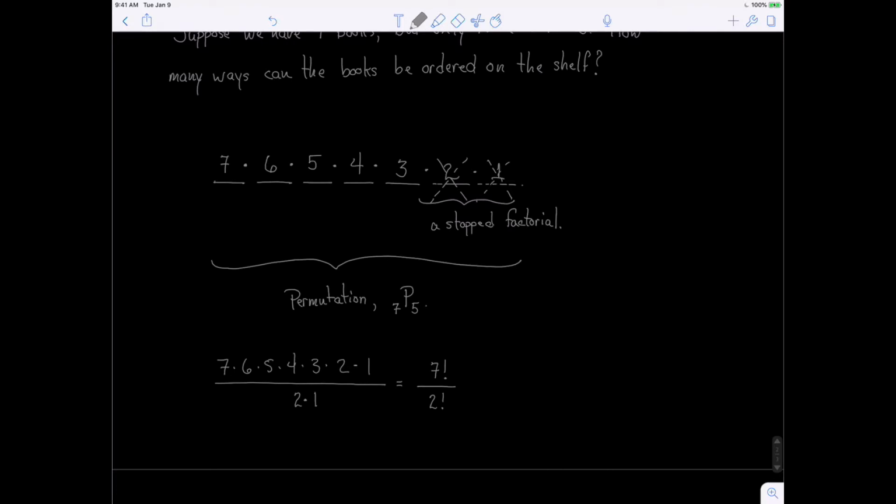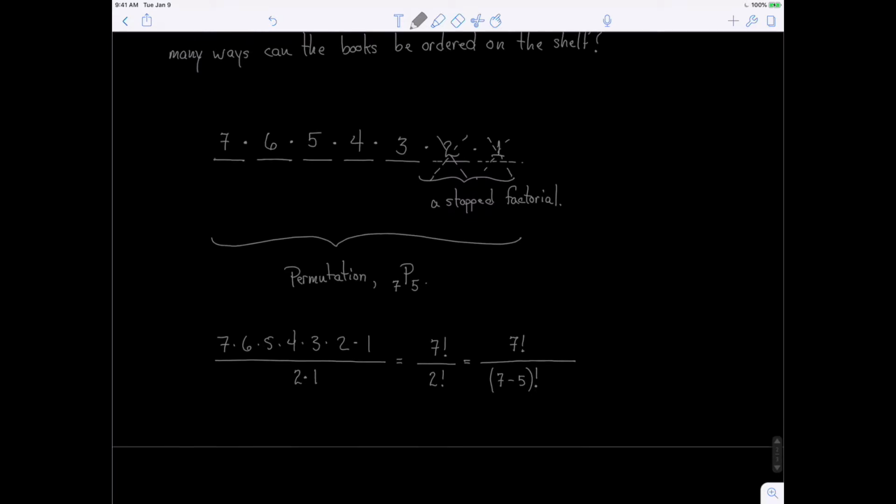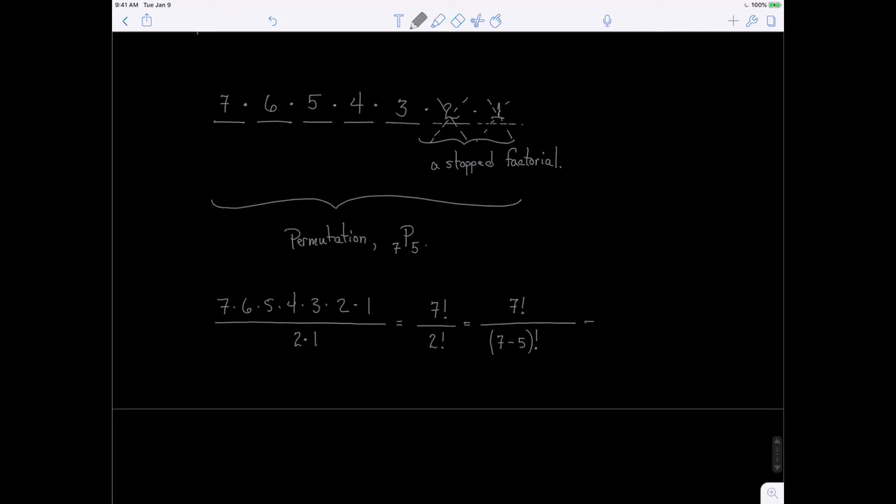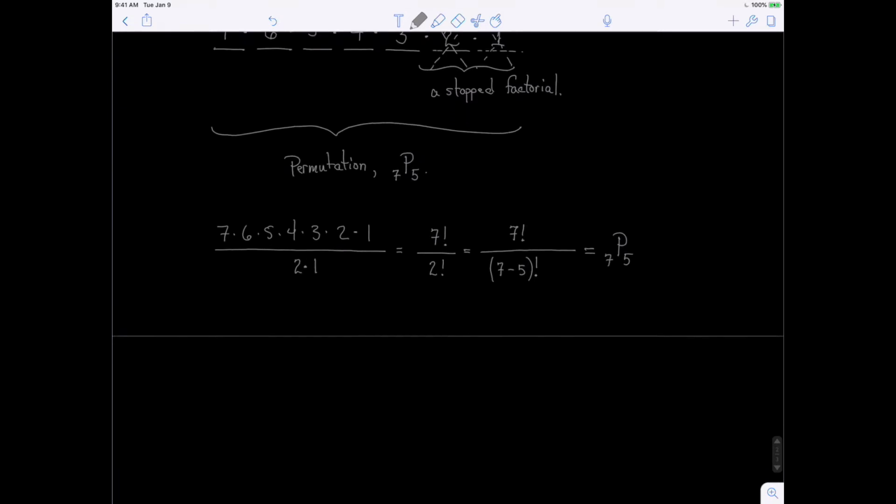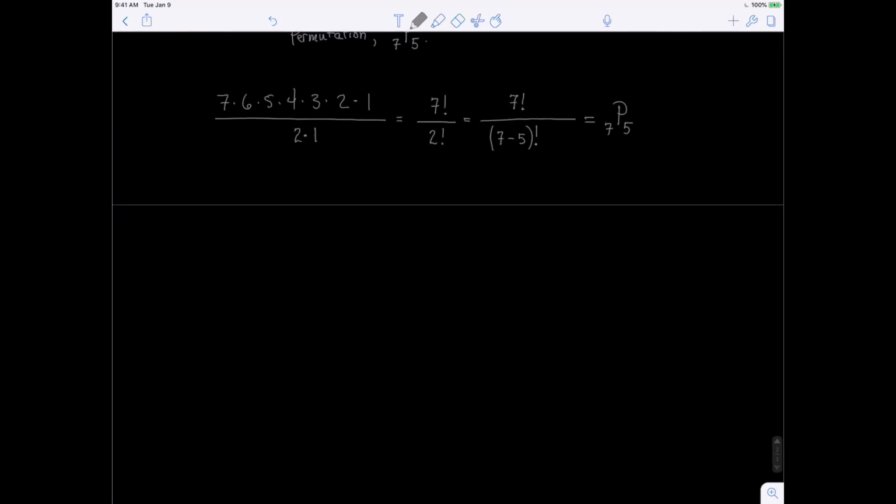Here's the interesting part: the 7 factorial stays the same, but the 2 actually comes from taking the 7, subtracting the 5, and then taking the factorial. That would be the permutation of 7 permute 5. So that's how you would use a permutation to do the problem.